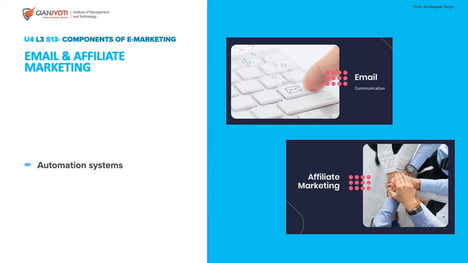Affiliate marketing is, for example, when I find another company whose target audience is the same as mine, but we are not competitors. We affiliate with each other and try to sell across the common audience. Since we are not competitors, there is no harm. So you can affiliate with like-minded companies and platforms.